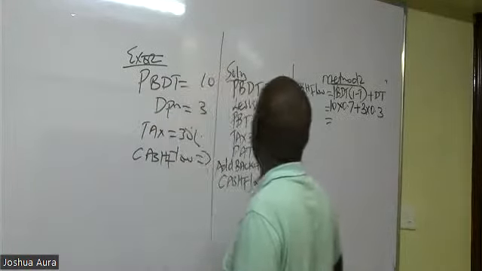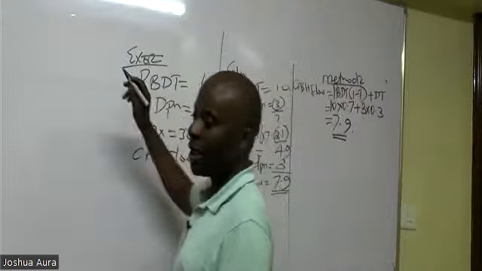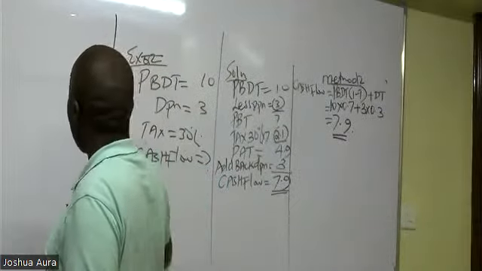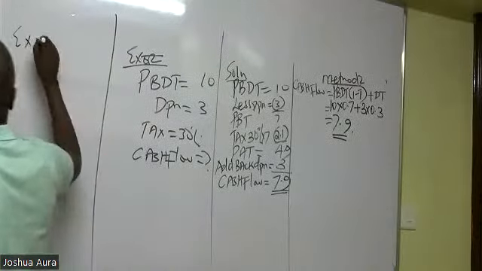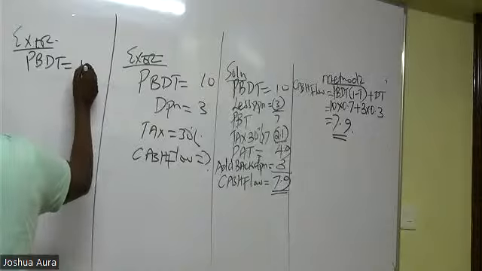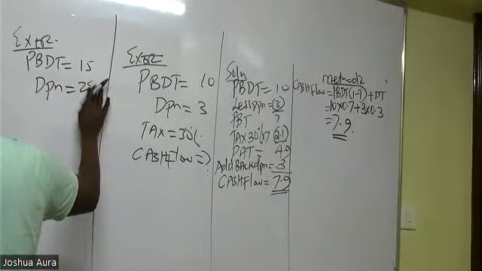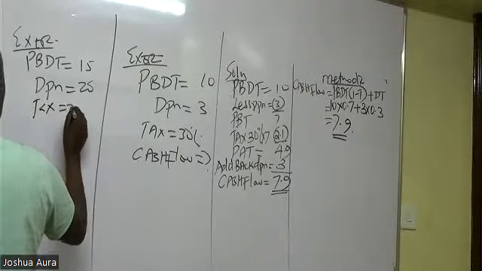Thank you so much. Now, ladies and gentlemen, I would want you to try this as second exercise. Very important exercise for me. What if the profit before depreciation and tax was 15, but depreciation was higher, 20? Tax is 30%.